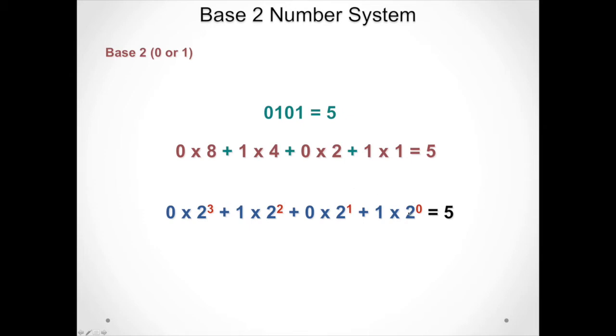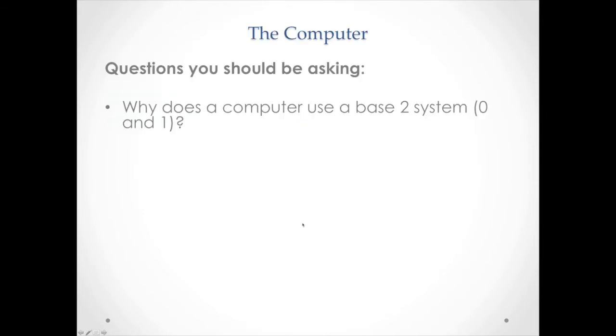Now, this is a base 2 number, so we're going to have to multiply our binary digit. That bit is 1, so it's switched on. And this is 0. When you multiply by 2 to the power of 1, you get 0. And this is 1 again, you multiply by 2 to the power of 2, 4, you get a 4, and so on. And if you add all this up, it becomes 5. It becomes 5. And that's a base 2 number system.